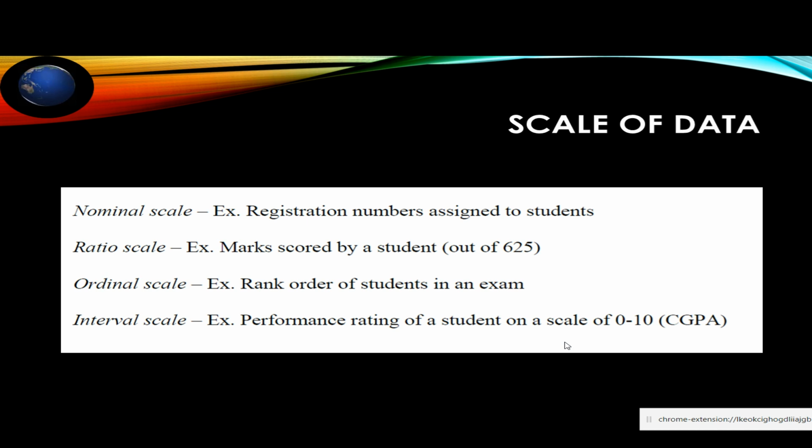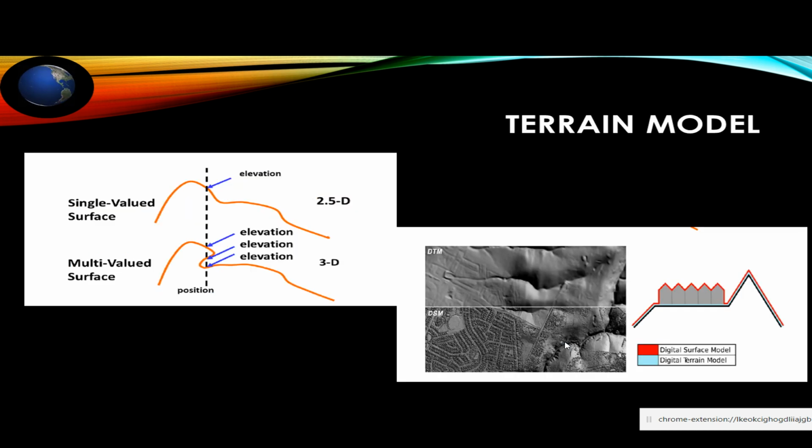Ordinal means we are ranking students in order in that exam. Interval scale means rating students on a scale of 0 to 10, like we get CGPAs, which is not associated with ordinal. So you will see the difference between nominal, ratio, ordinal and interval scales. That's just for your information.